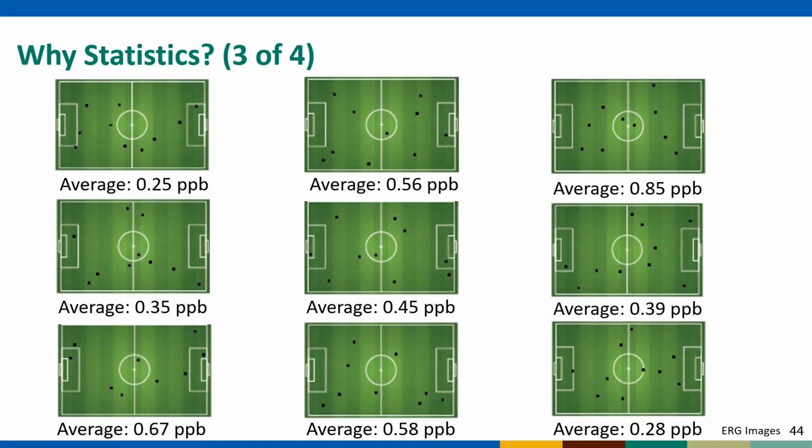But what will happen is that these sample averages will be clustered about the true mean. We don't know what that true mean is, but you could come up with a very good estimate by taking the mean of the sample means.